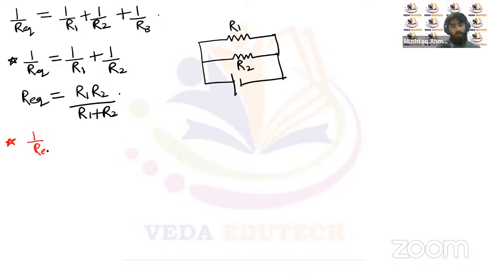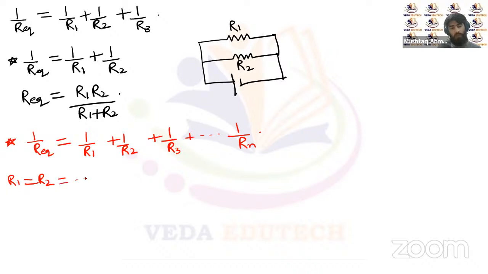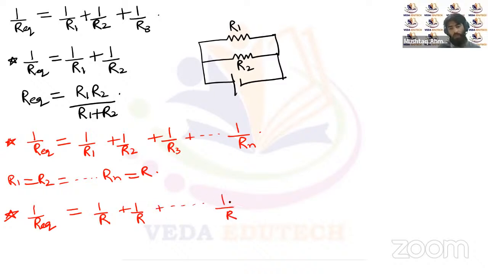Then 1 over R equivalent will be equal to 1 over R1 plus 1 over R2 plus 1 over R3, and so on up to 1 over Rn. And if R1 equals R2 equals so on up to Rn, all equal to R, then 1 over R equivalent is 1 over R plus 1 over R, plus so on up to 1 over R for n terms.